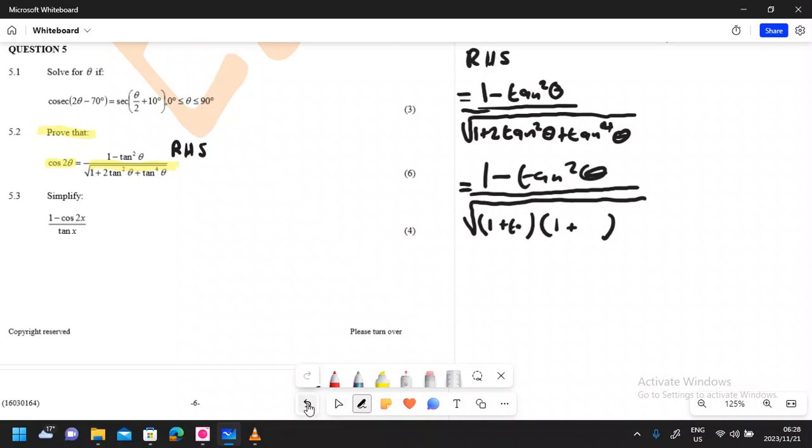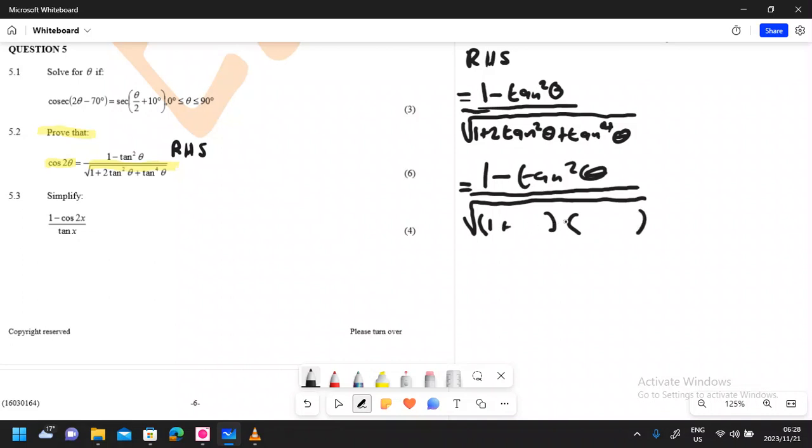We need space to do this one, I didn't anticipate that. All right, let's do it.